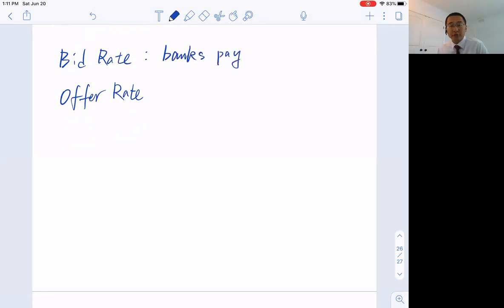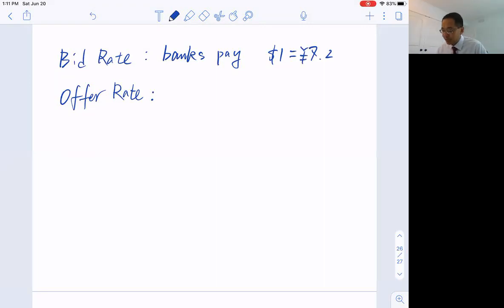So if it's Chinese yuan, a bid rate on the yuan is how much the bank is willing to pay. Let's say maybe they're willing to pay $1 for 7.2 yuan.